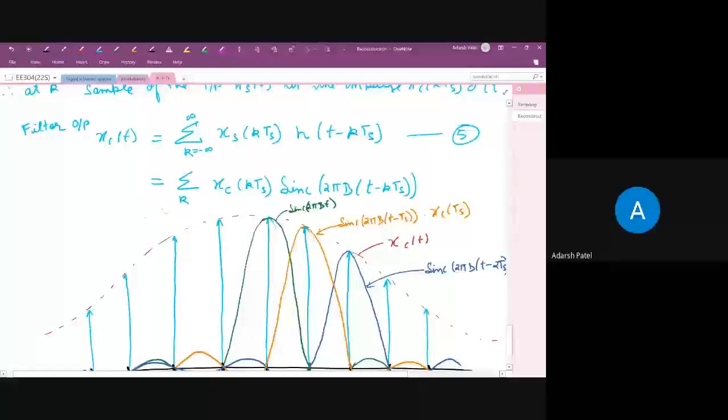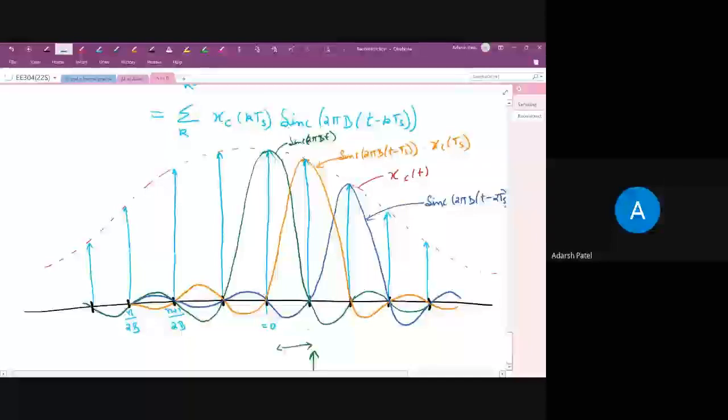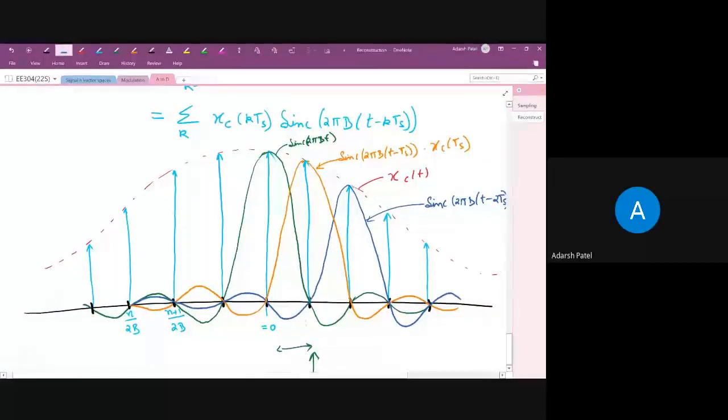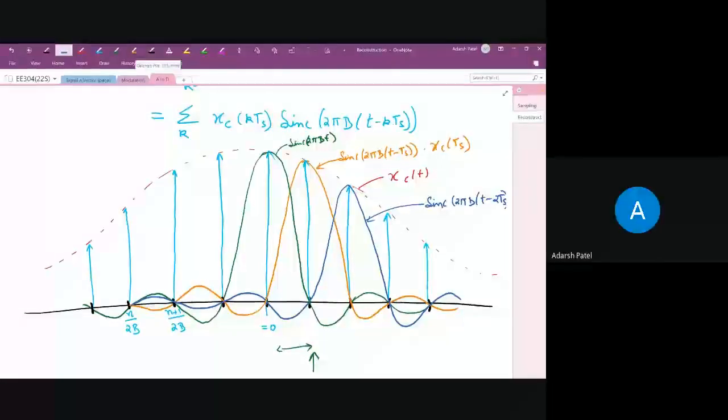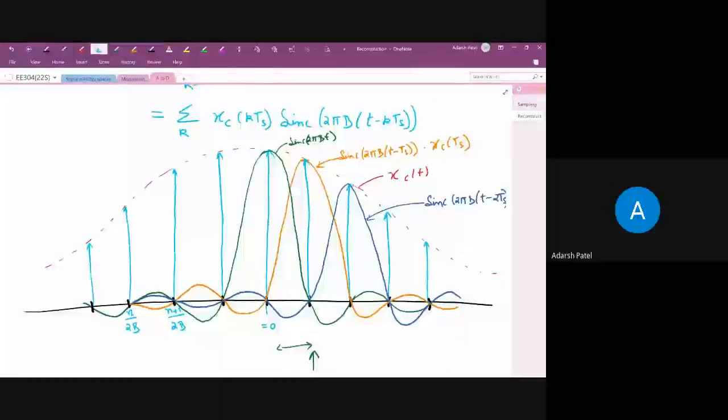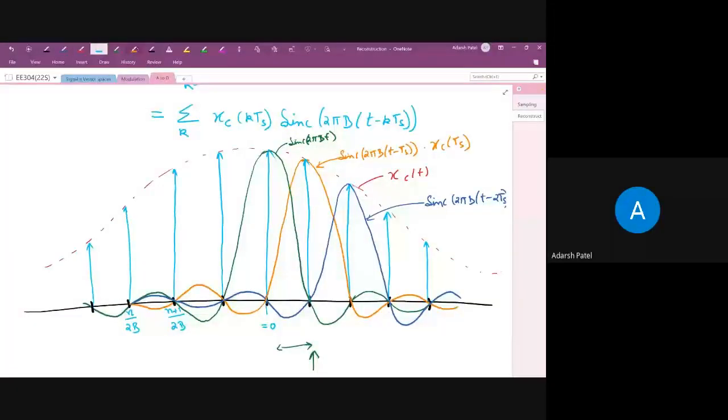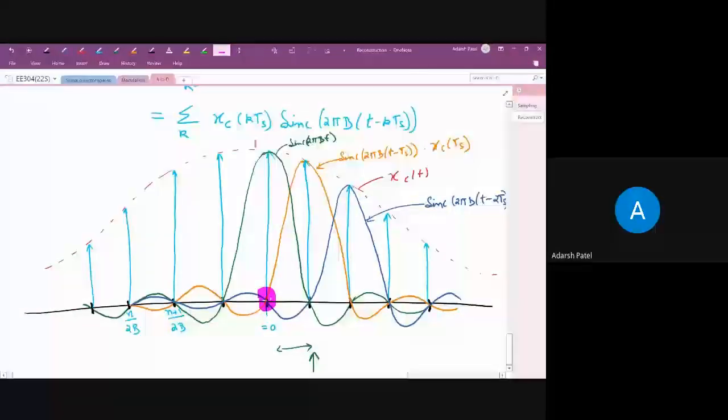If I sum this up at each of these crossover values, that is n upon 2b, what do we see? There is only one non-zero component. If I pick this point, there is only one non-zero value, which is here.